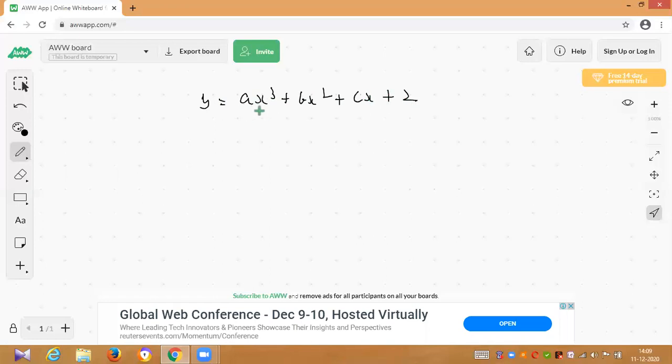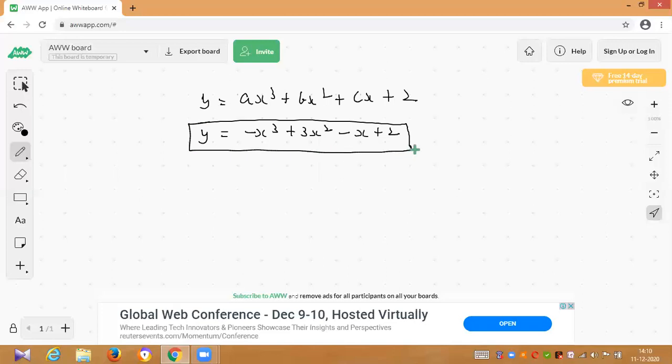If I put the values of a, b and c into the equation, since the value of a was minus 1, it becomes minus x cube. Since the value of b was 3, it becomes 3x squared. Since the value of c was minus 1, it becomes minus x plus 2. This is the equation of my original curve.